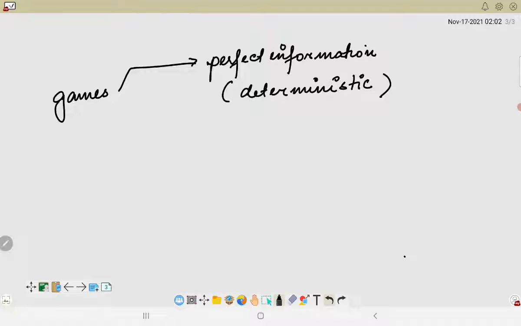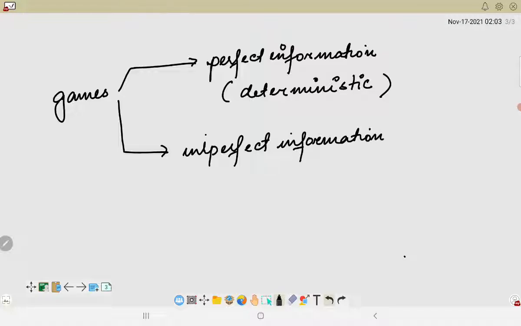The second one is that we might have imperfect information. That means we might have partial or no information regarding the environment and the players.